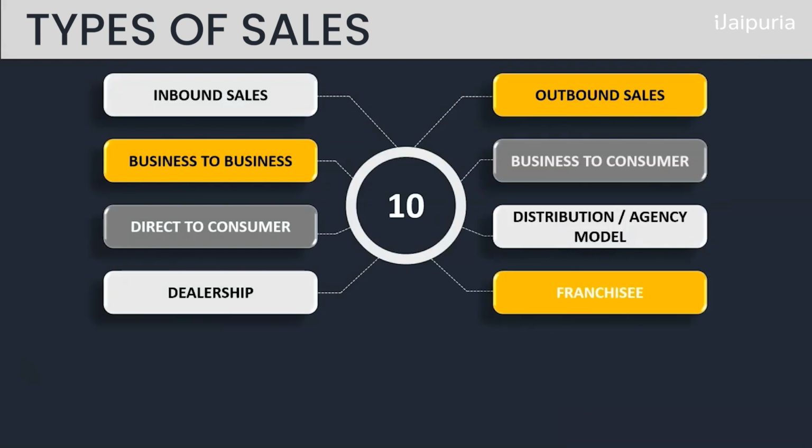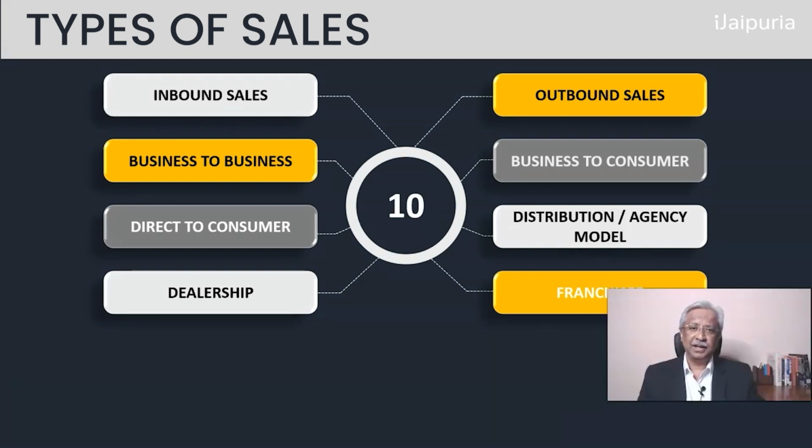Yes, another way is the franchisee model. When we talk about franchises like Nike, Adidas, Puma, all these companies have their own stores, which are called COCO stores, company owned, company operated stores.